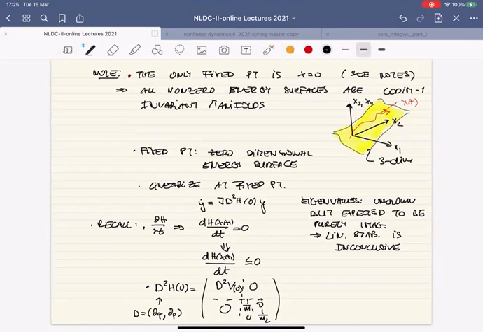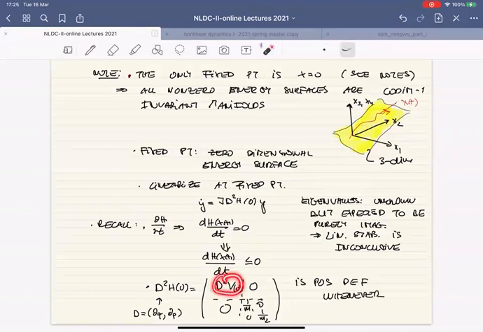And so this is positive definite whenever the upper left block is positive definite, right? Because this part is diagonal, I can only read off the 2 eigenvalues from here, okay?